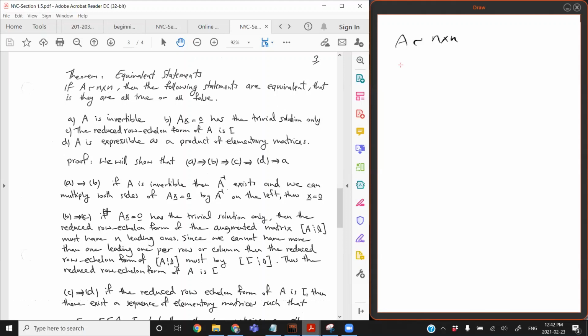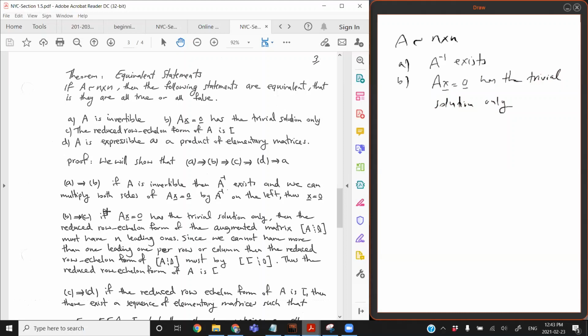So what are the statements? A: A is invertible, or in other words, A inverse exists. That's the same thing. Statement B says the homogeneous linear system AX equals 0 has the trivial solution only. That means this system will have a unique solution, and that unique solution would be the trivial solution.